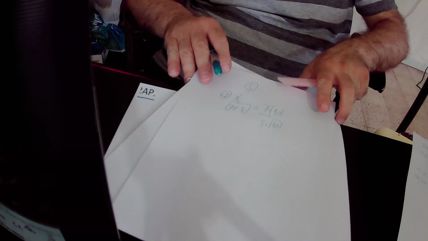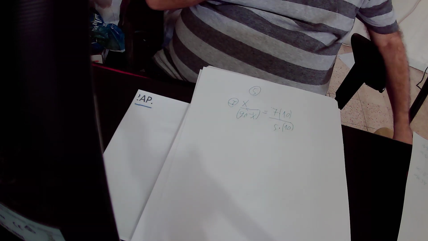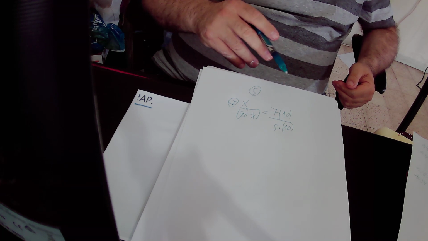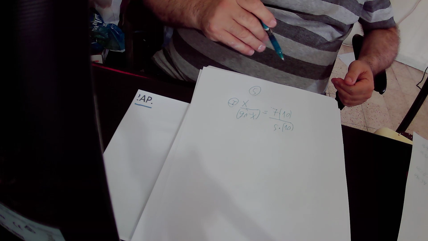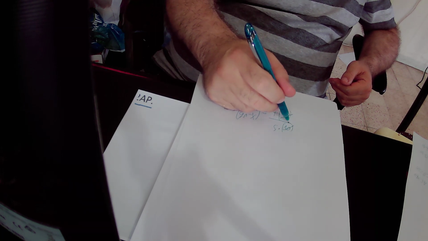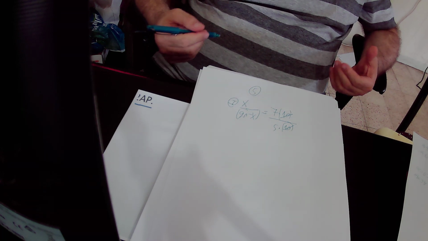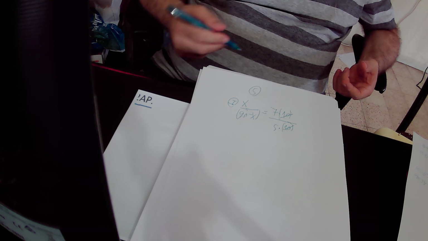So we have 10 in the numerator and 10 in the denominator, so we can cancel 10, or we can reduce the numerator and the denominator by 10.